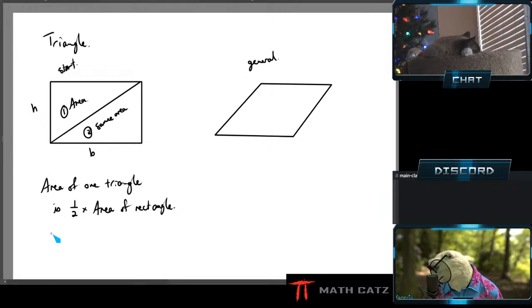In any case, we get 1/2 times base times height. Dots, use times symbols, whatever, right? So the area of a triangle, 1/2 times base times height. Right here, 1/2 BH.